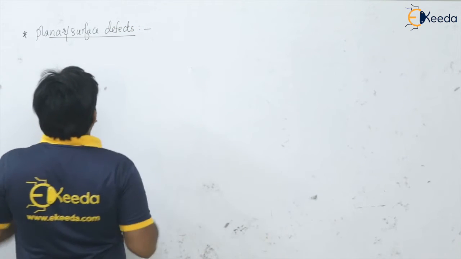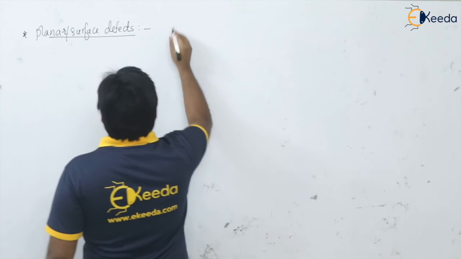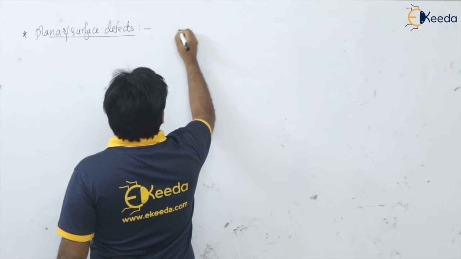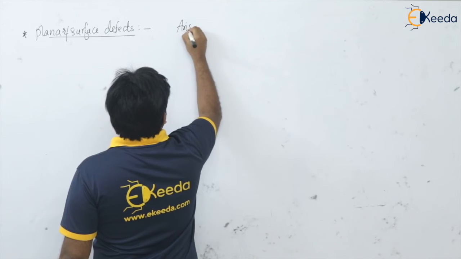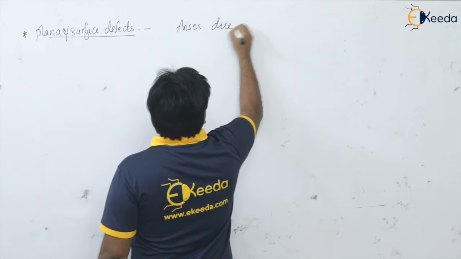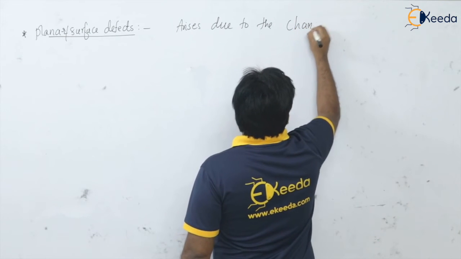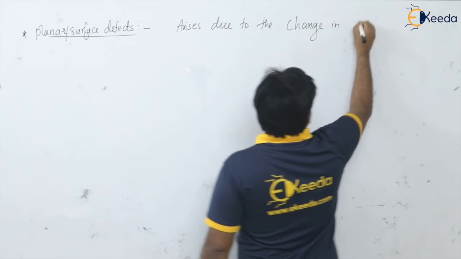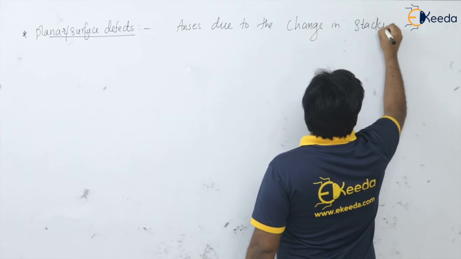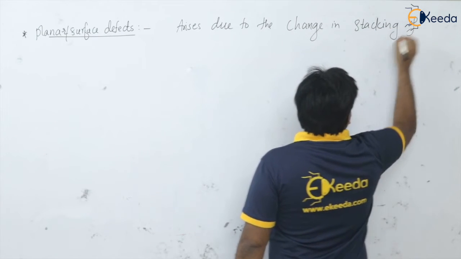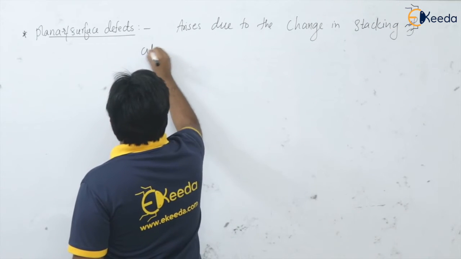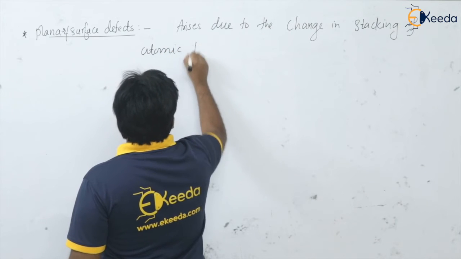So basically, these planar defects arise due to a change in the stacking of atomic planes.